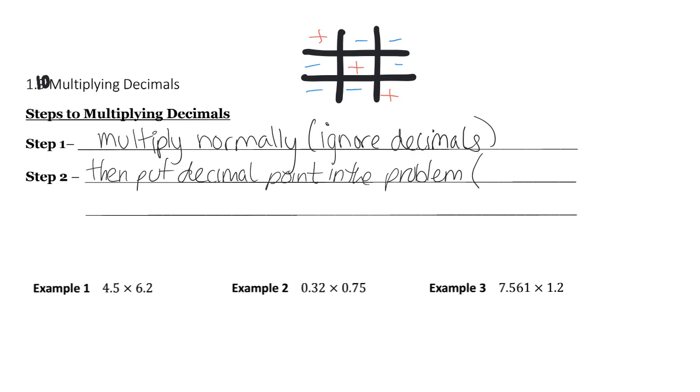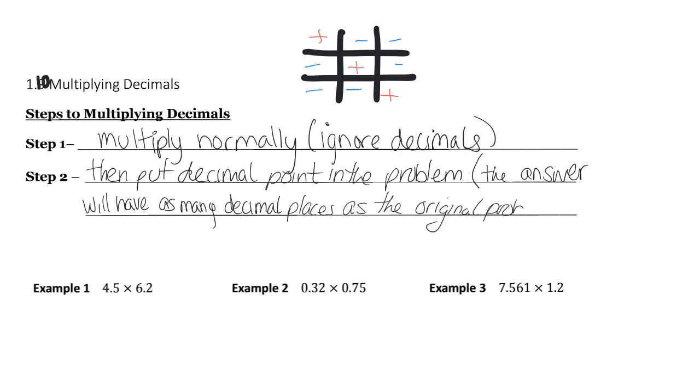So the answer will have as many decimal places as the original problem, or the OG problem.